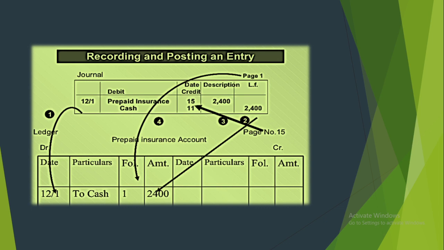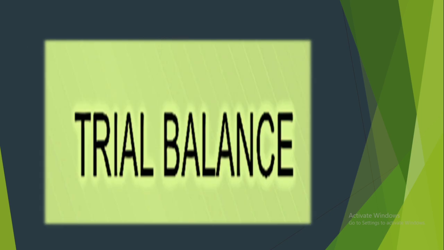First of all we have to write the date, then the amount, and another aspect is that the particulars are also important, and finally how the transaction affected the opposite side.